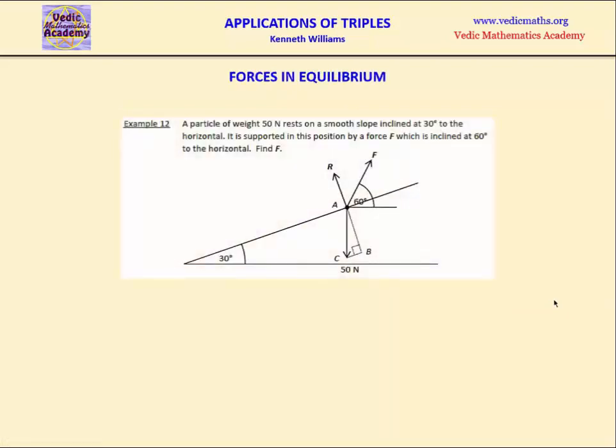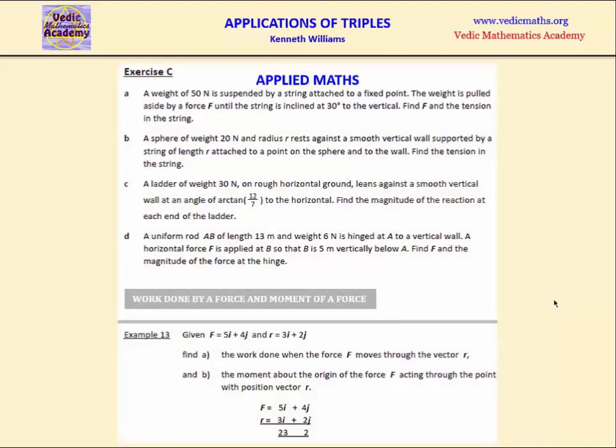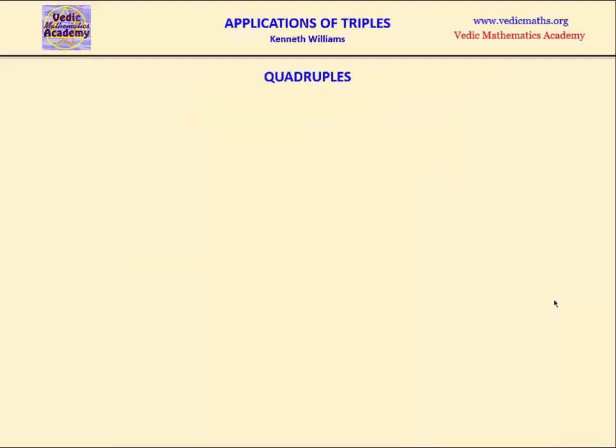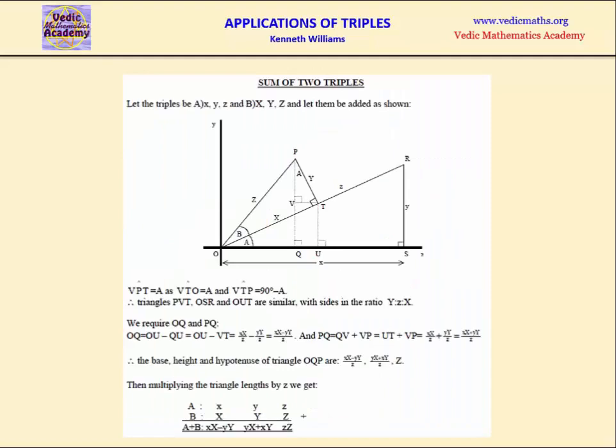Forces in equilibrium, we can solve forces using triples and other problems, and work and moment of a force as well. And we can go into 3 dimensions and have a 3-dimensional triple, which is called a quadruple, and have applications in astronomy and so on. And this is just the proof of triple addition for anyone who's interested.